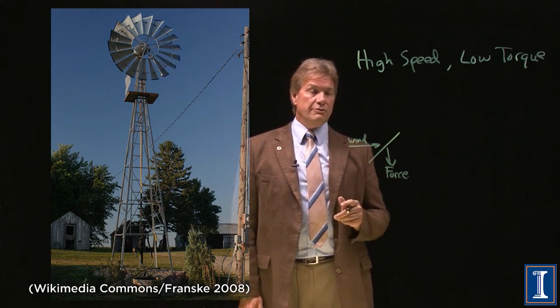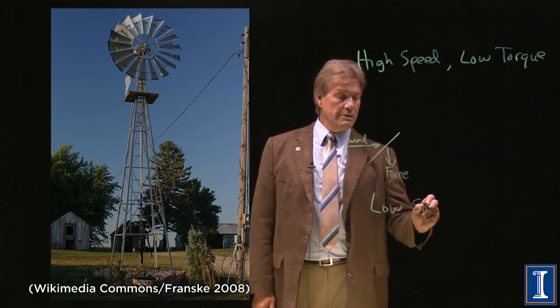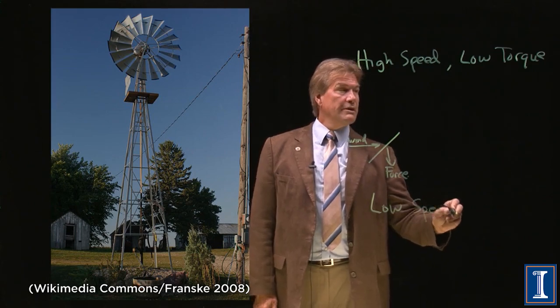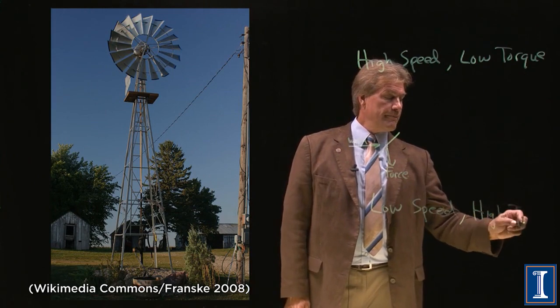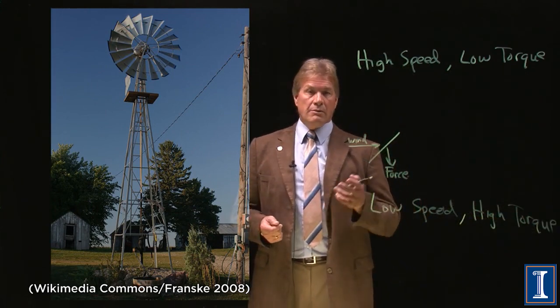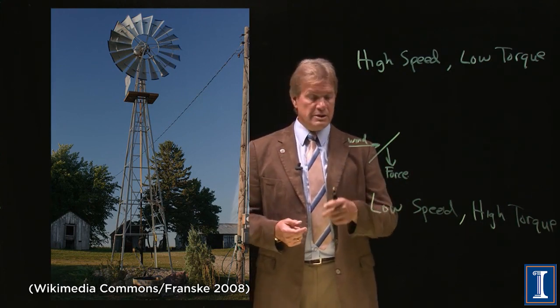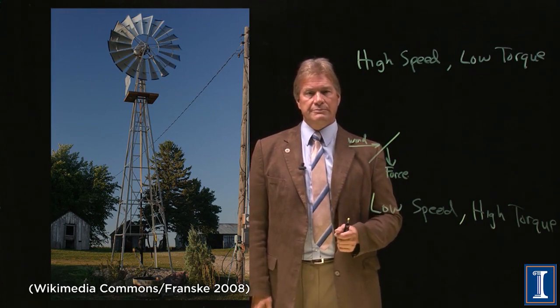These actually don't turn very fast. These fall into what we would call a low-speed category. But what they do provide is high torque. You can actually lift weights with these. You could grind grain by turning a giant millstone on top of a grindstone.